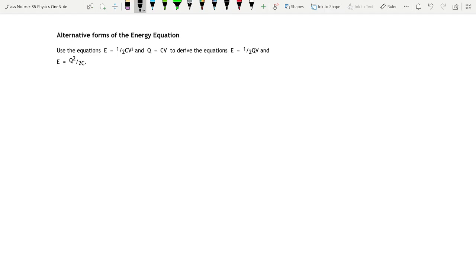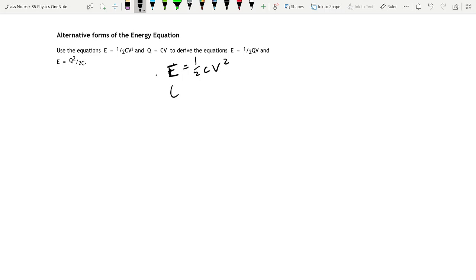So first of all, we want to derive the equation E equals half QV. So if we start with E equals half CV squared.